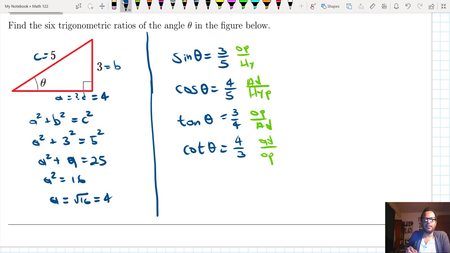Secant theta equals, well, notice how secant is the reciprocal of cosine, right? So we used to have adjacent over hypotenuse, so we are going to have hypotenuse over adjacent. In this case, hypotenuse, which is 5, over adjacent, so 5/4.